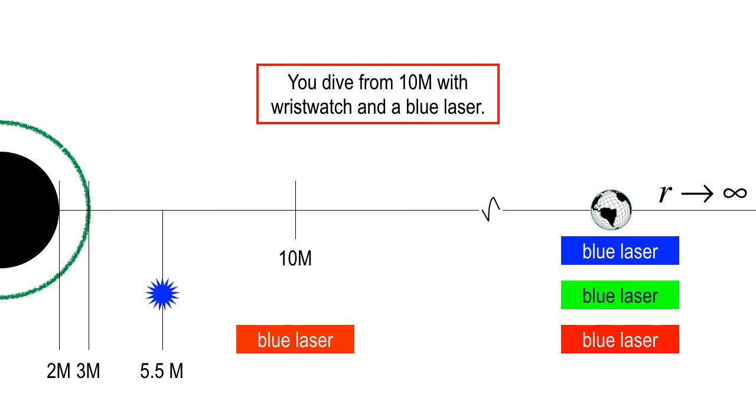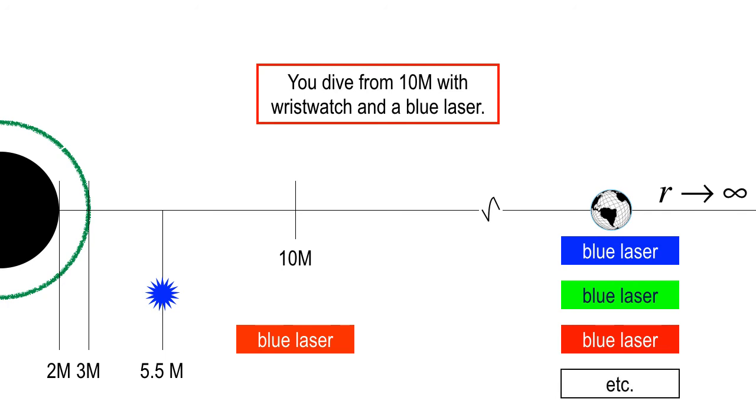And so, from 5.5, the 532 nanometer blue laser is redshifted to 660 at the mothership, and 667, another 7 nanometers by the time it gets to Earth. So most of the redshifting is down close to the black hole. All right?